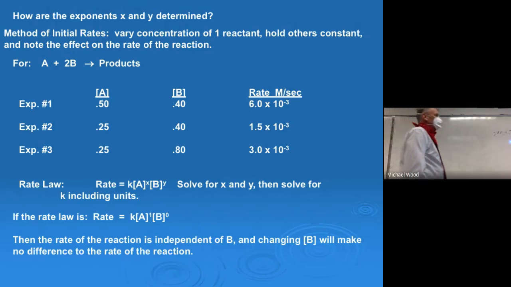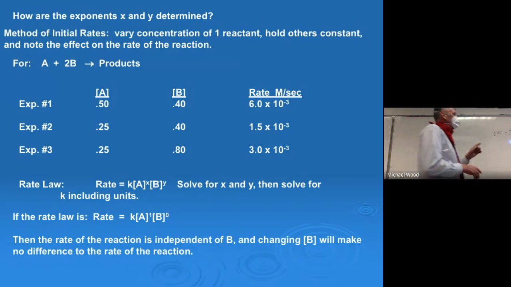I would do it. For those of you at home, I just put up the bottom part of the page. It says if the rate law is rate equals K times A to the first times B to the zero. I'm going to go over that today; it's actually the last thing I'm going to do. I'm going to talk about what it means if it's zero order, first order, second order, third order. The orders are always going to be whole numbers, usually zero, one or two, but occasionally three.